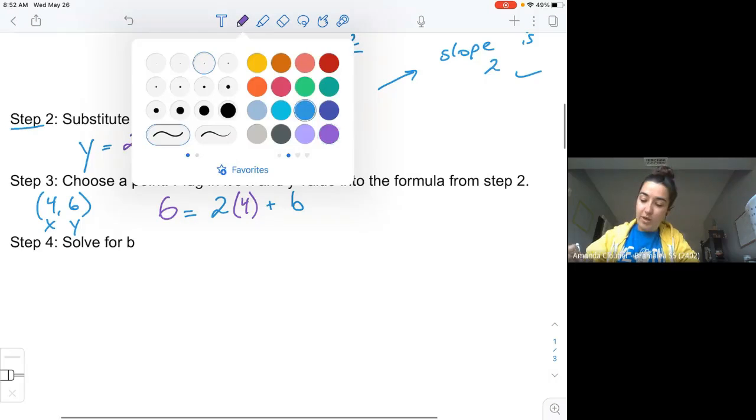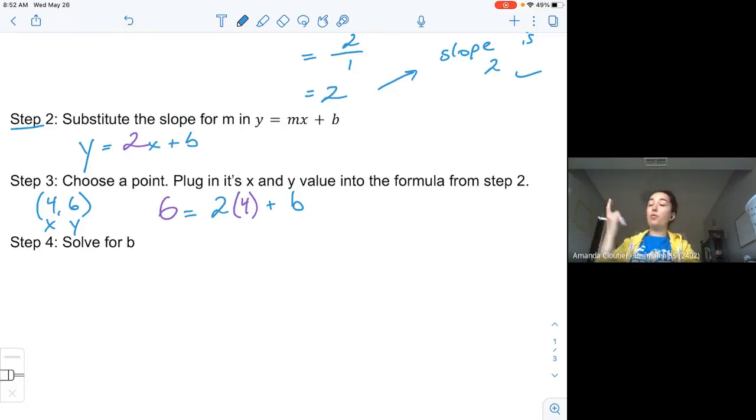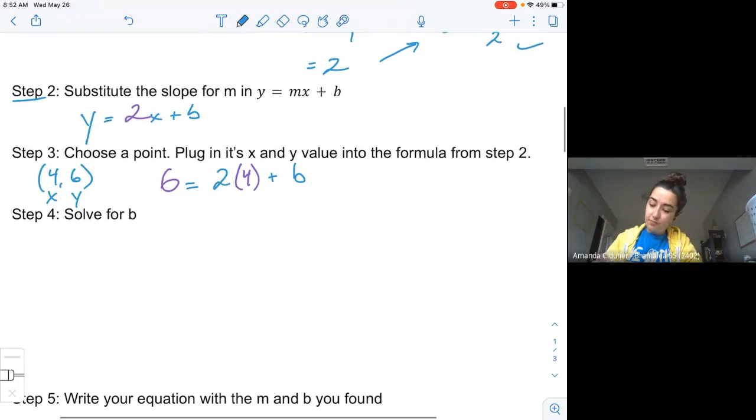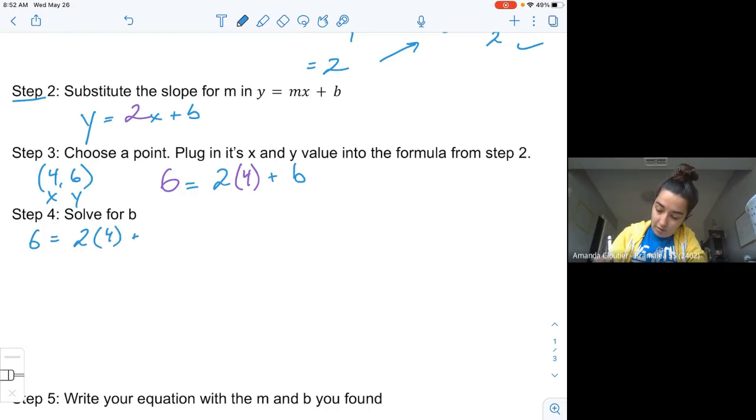Now we have a solvable equation because now we have an equation that only has one letter in it and a bunch of numbers, and we can rearrange those numbers in order to get what our equation is going to be. So I need to solve for b now. I'm just going to rewrite the equation here. 6 is 2 times 4 plus b.